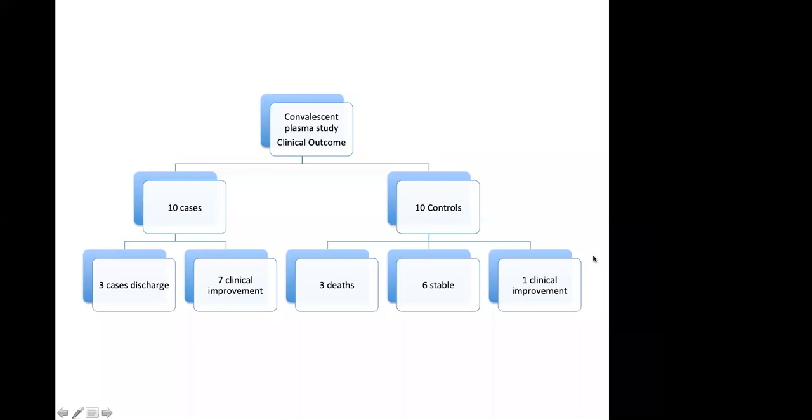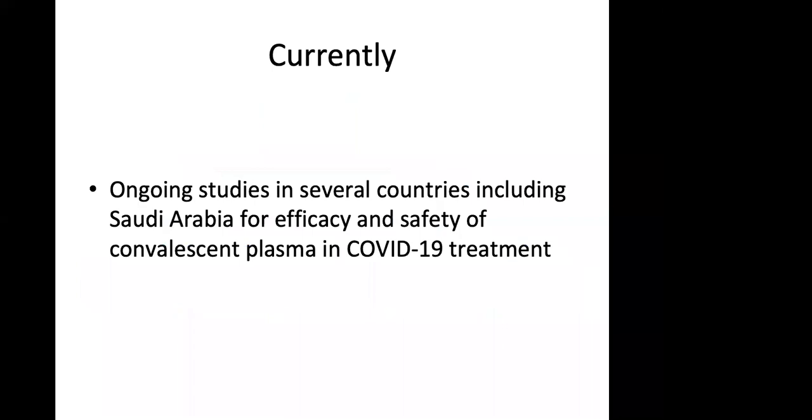And so the results are encouraging, but definitely the numbers are too small to make firm conclusions. But it was enough to prompt multiple countries, including Saudi Arabia, to start ongoing studies for efficacy and safety of convalescent plasma collected from recovering patients to treat COVID-19.